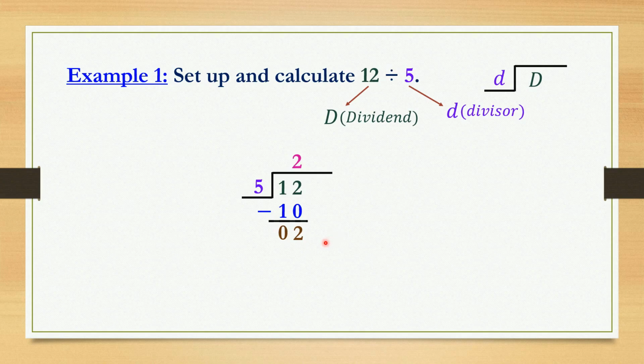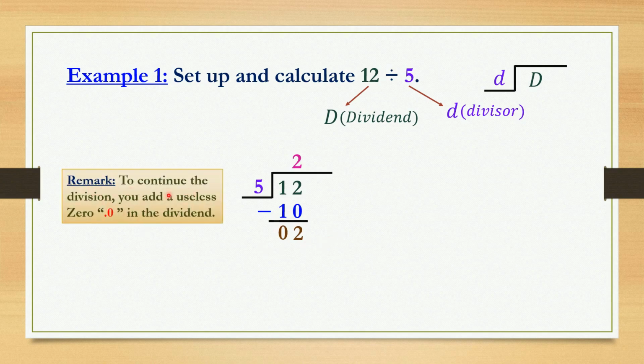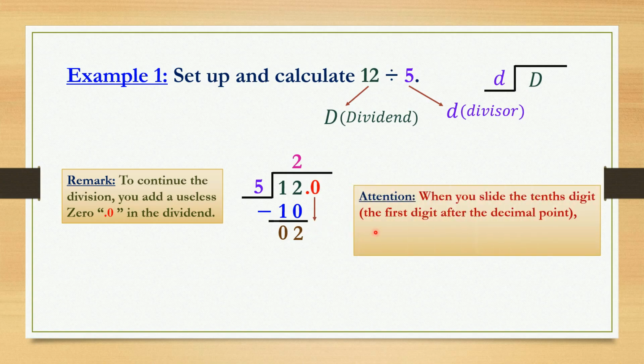So how do we do it? Remark, to continue the division, you add a useless 0 in the dividend. Since 12 is a whole number, its decimal part is 0. So first we add 0.0 to the dividend. Then I slide this 0 to continue the division. Now attention, when you slide the tenth digit, it means the first digit after the decimal point.